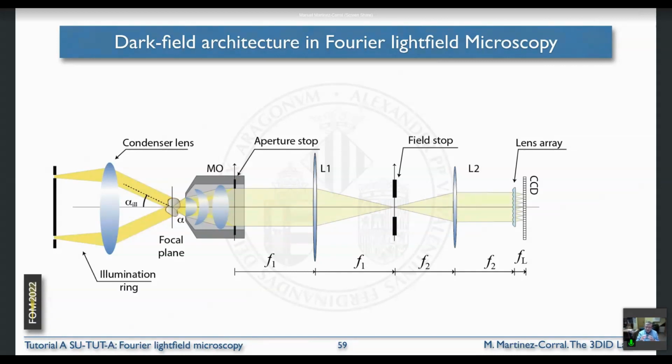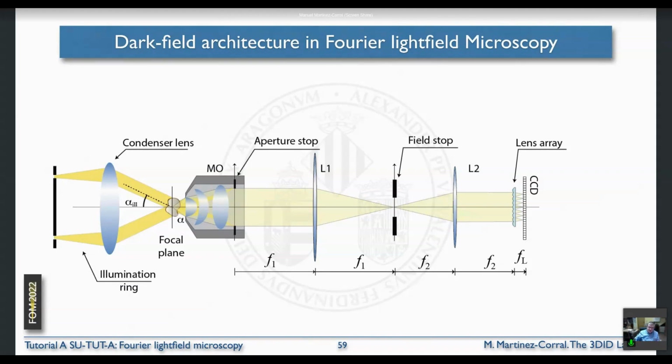If you have a microscope with a dark field facility, you can do dark field Fourier Lightfield microscopy. You simply insert your Fourier Lightfield add-on, and you obtain Fourier Lightfield microscopy in dark field mode.